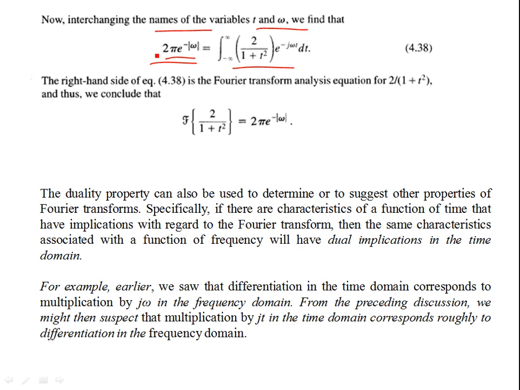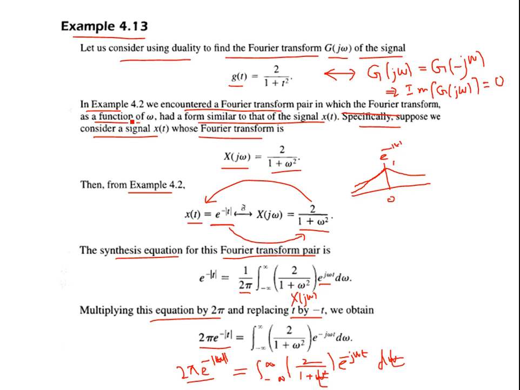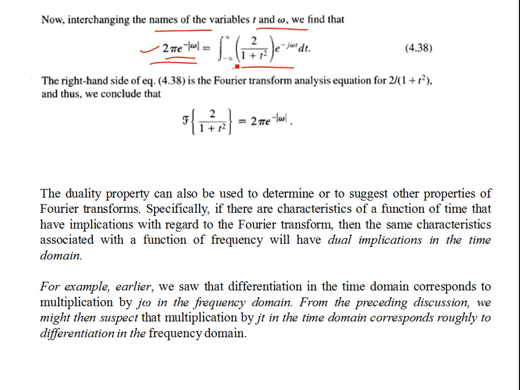The result of this integration is this, and all we have done is to use the Fourier pair, the only Fourier pair that we use, that e to the minus a magnitude of t has a Fourier pair with 2 over 1 plus omega squared, and then you can use this duality relationship to find the Fourier transform of g of t, right? So indeed, this is the Fourier transform of 2 over 1 plus t squared.